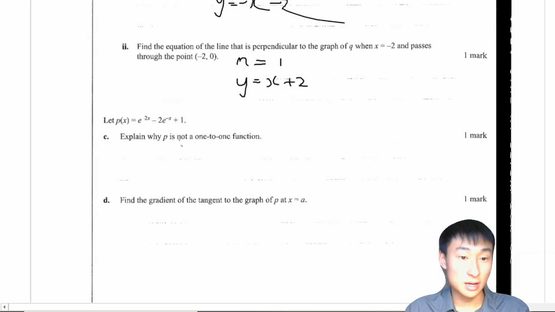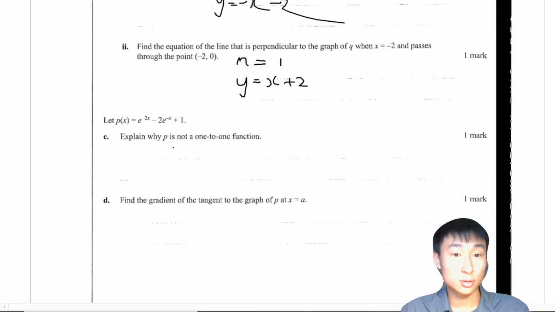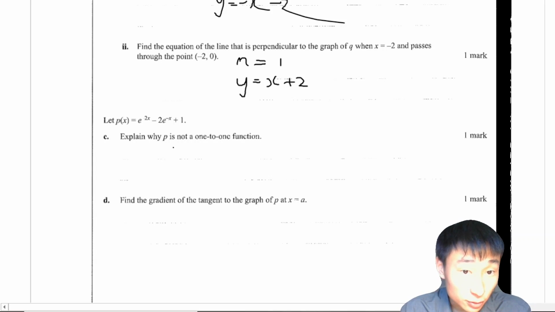Let p of x equal that. Explain why p is not a one-to-one function. The reason why p is not one-to-one is because, well, what's the best way to do this?